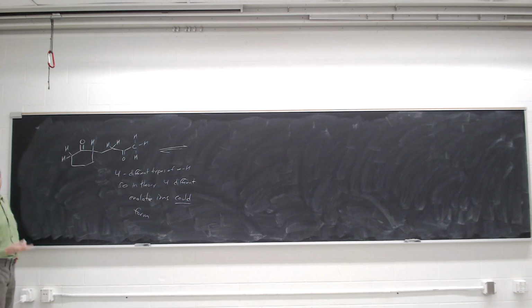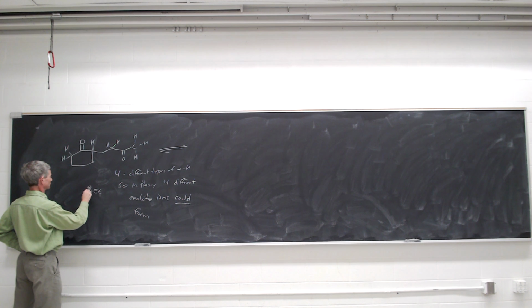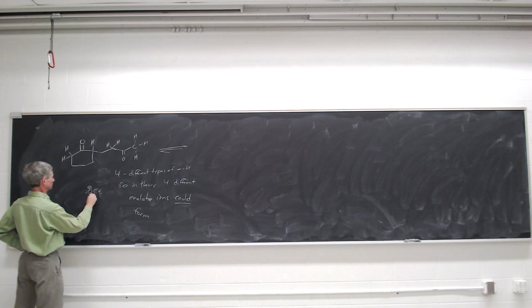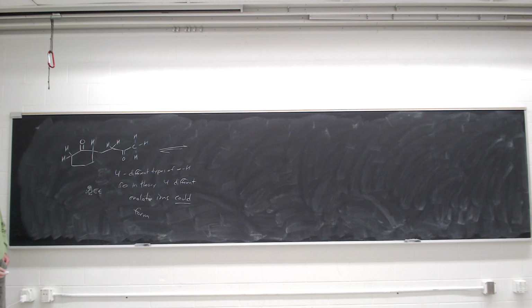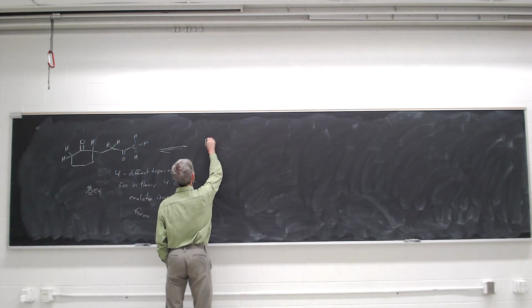So the question is, why don't they form? And the answer is no reason. They do. All 4 possible enolates can form.